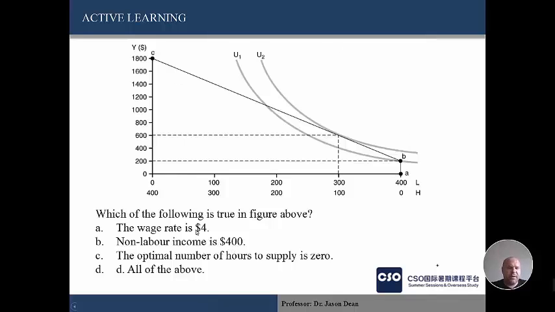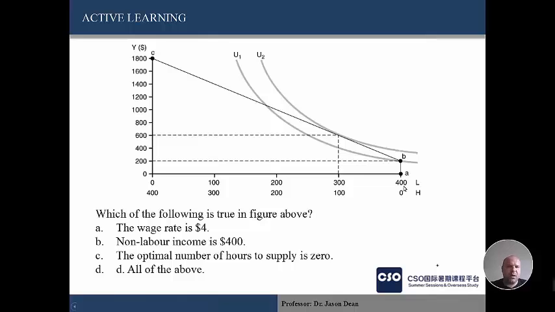What about the wage rate? This is saying the wage rate is $4. If the wage rate is $4, then we can calculate what this point C would be. We take 4 and multiply it by 400.